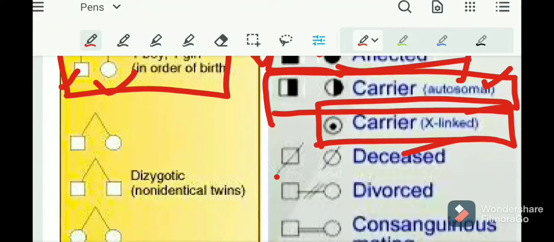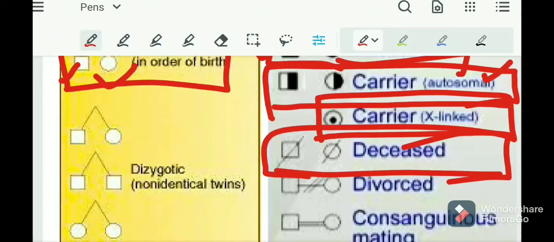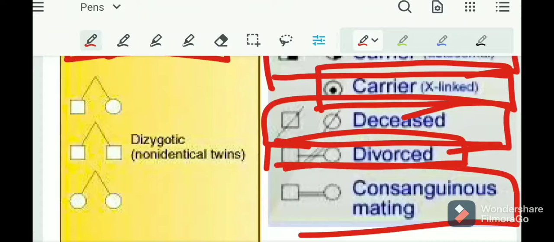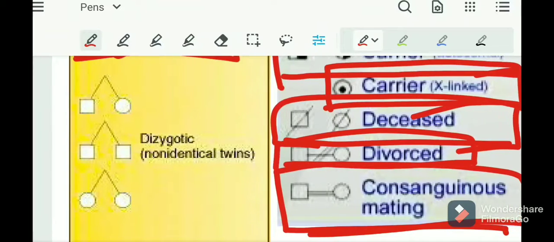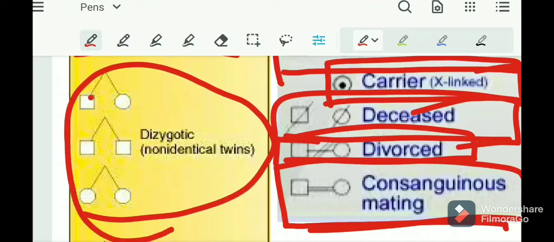Deceased is this one, where the square or the circle is crossed by one line, right? This is divorce. This is consanguineous mating, that is mating between relatives or close relations. These are for dizygotic or non-identical twins.